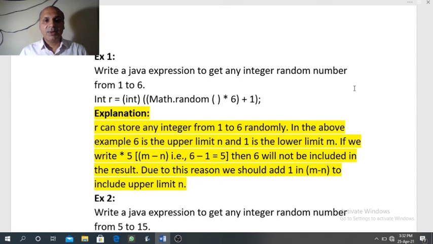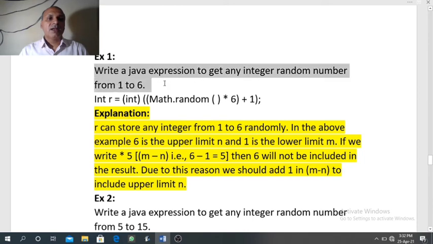Any number can appear randomly. Same thing we are doing here. Write a Java expression to get any integer random number from 1 to 6. From 1 to 6 means 1 is also covered and 6 is also covered.